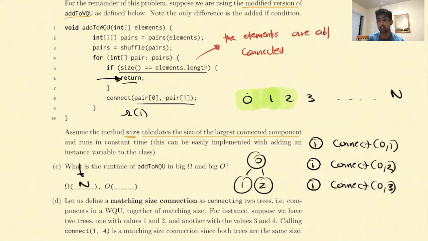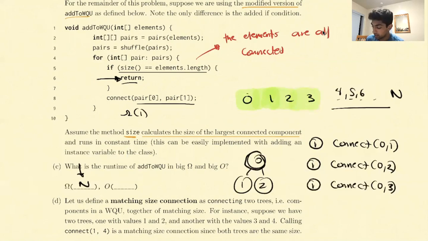And what we will notice is that all of these calls to connect take us constant time, because we're connecting 0, who's a root, to another element who's also a root, right? Because all of the elements, like 4, 5, 6, they're all roots of their respective trees, since they're the only person in their tree, right?